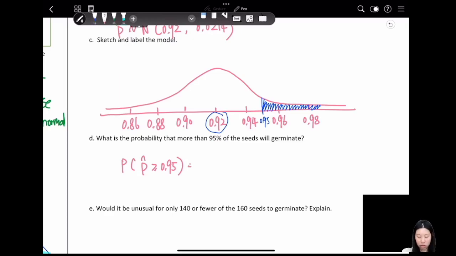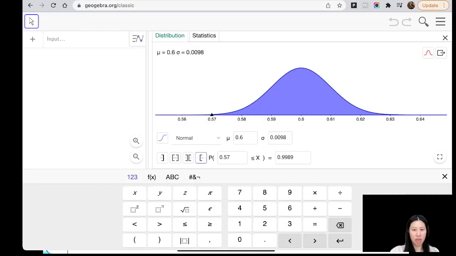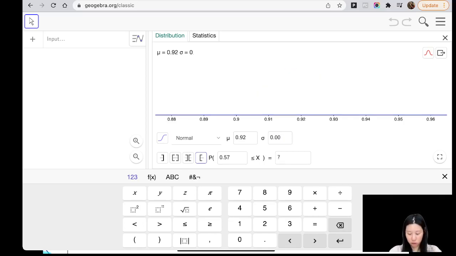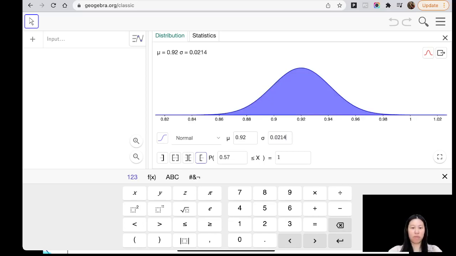Now let's use GeoGebra. We have a mean equal to 0.92, and sigma, let's be more accurate, instead of 0.02 we use 0.0214.